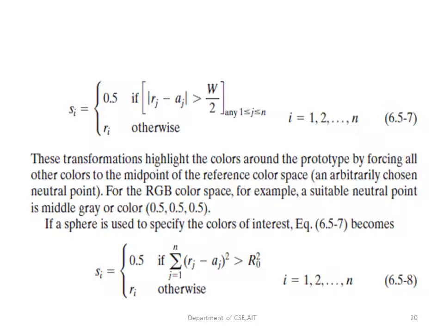If a sphere is used to specify the colors of interest, then the previous equation, equation 6.57, becomes Si equals 0.5 when the summation of all (Rj minus aj) squared is greater than R0 squared, or Si equals Ri otherwise, where again i ranges from 1 to n.